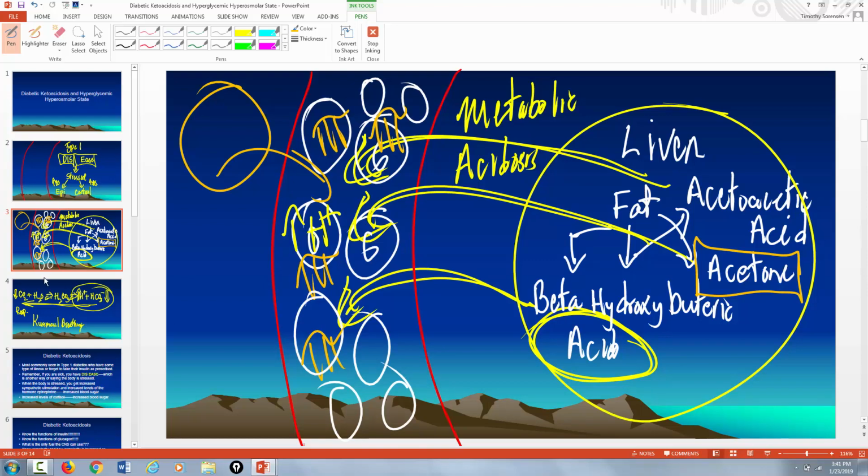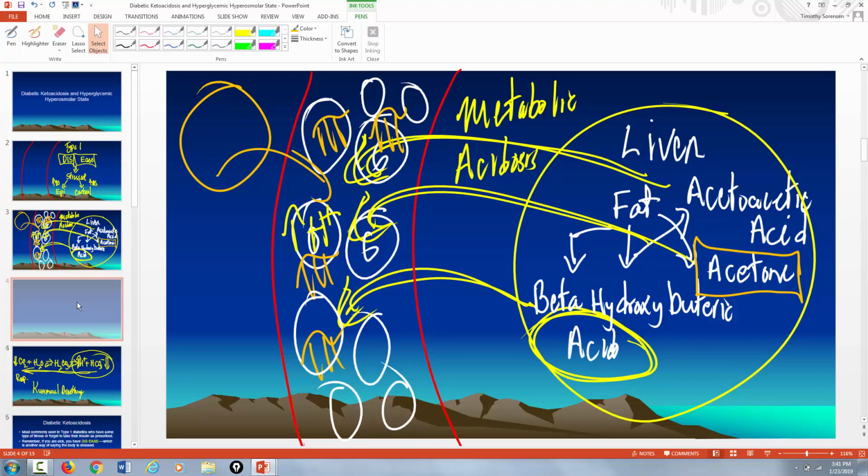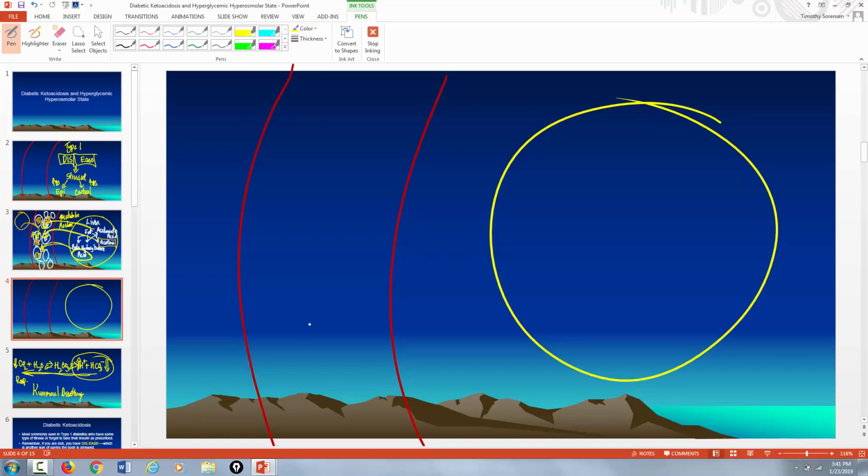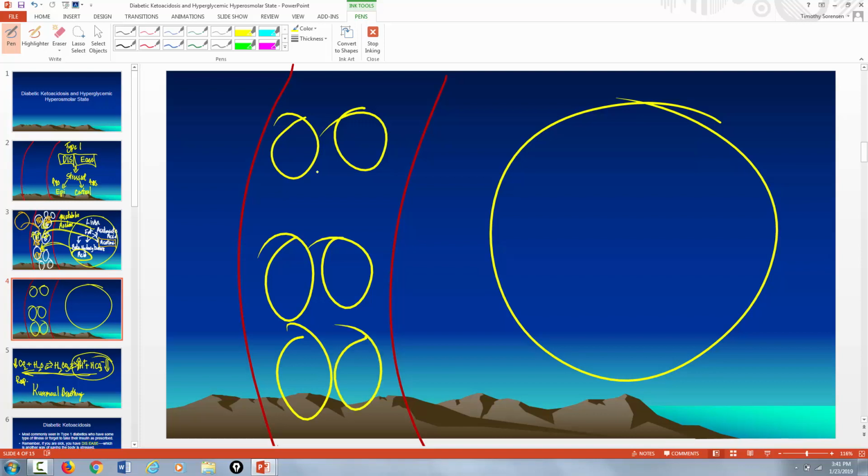Also, if we look, one of the things that happens is due to the osmotic effect of glucose, right? There is more stuff and less water, so a higher osmolarity in the blood because your blood sugar is so high. And there is going to be low osmolarity in the cells.